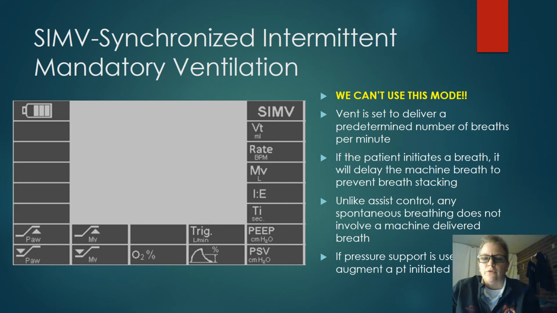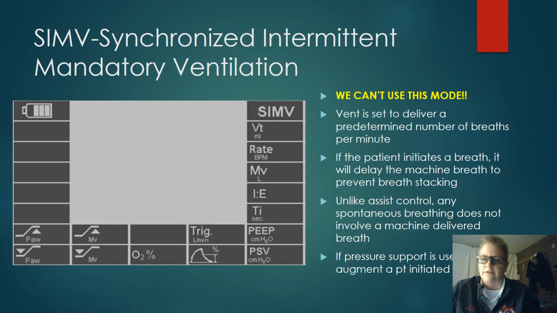Okay, so the vent is set to deliver a predetermined number of breaths per minute, right? Just like assist control volume. In this mode, if the patient initiates a breath themselves, so triggers a breath, then it resets that window when it will ventilate on its mandatory ventilation cycle. So it delays the machine breath to prevent breath stacking.